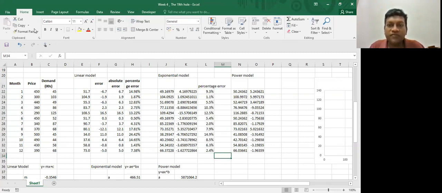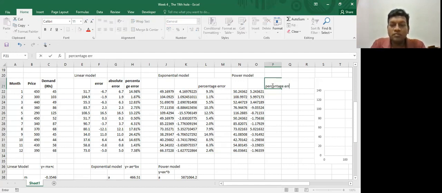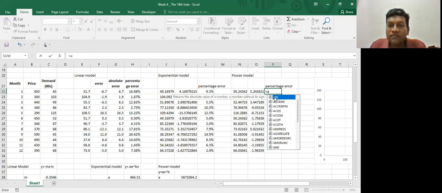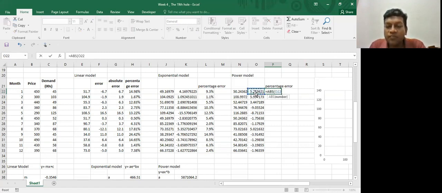Similarly, let's find the percentage error here, which is the absolute value of this term divided by our actual demand.